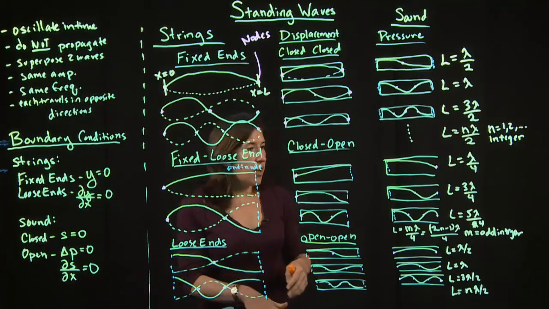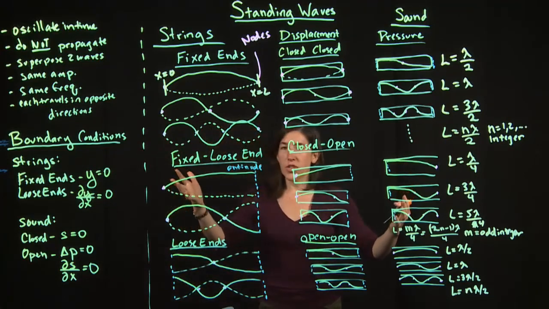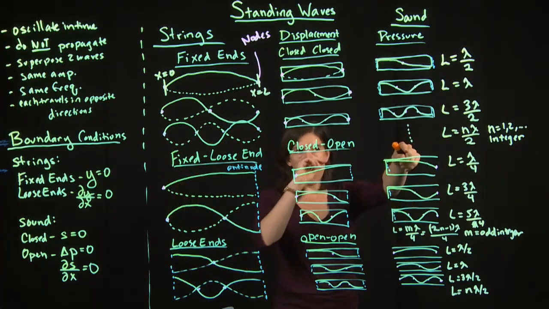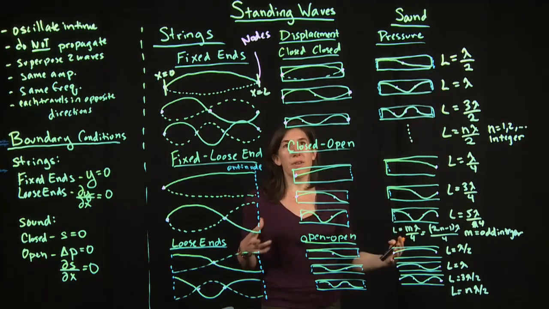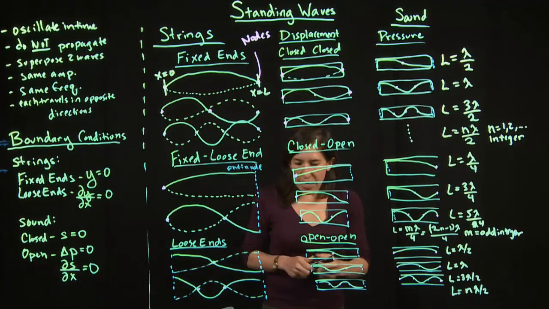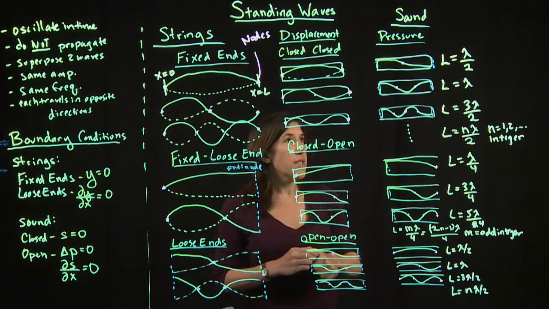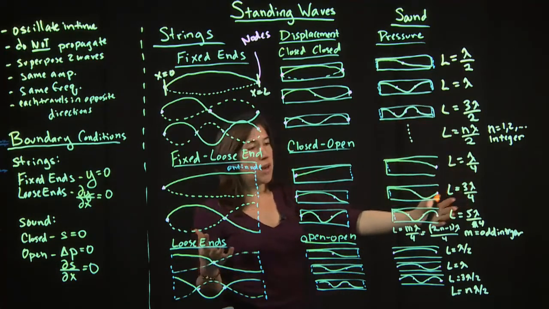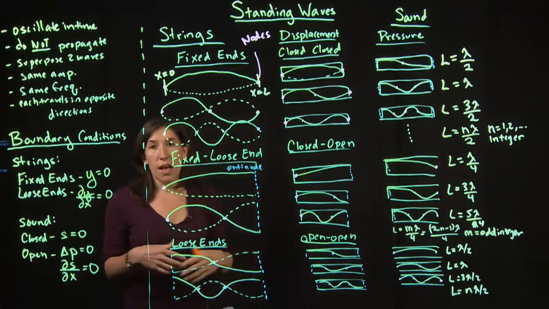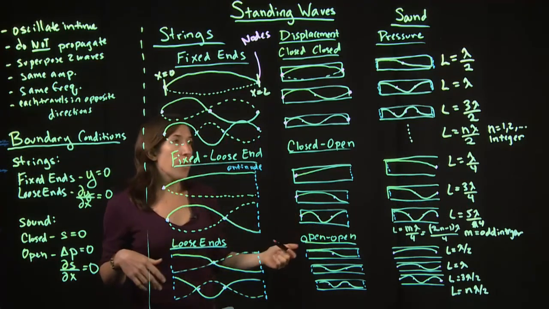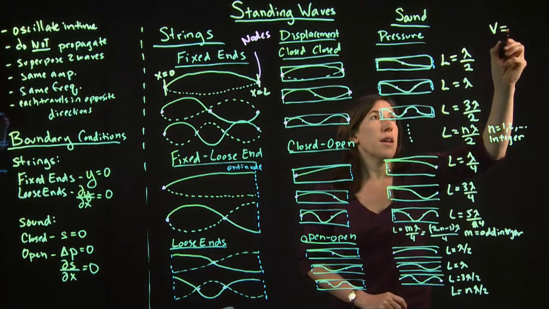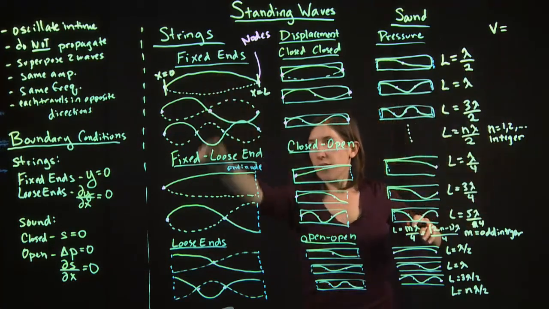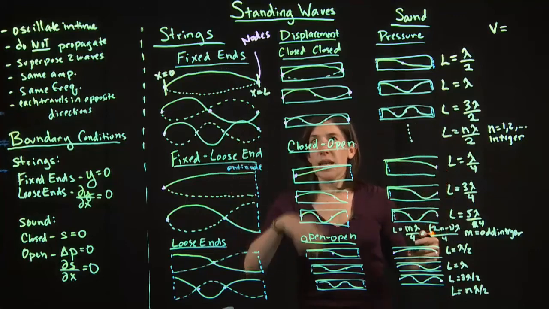But anyways, this is how, by just drawing a bunch of pictures, you can determine the different allowed wavelengths for the different allowed harmonics of standing waves. And then, of course, you can also write this alternatively in terms of the frequency of your wave by simply using the fact that the velocity in all of these cases is the same because it's the same medium.